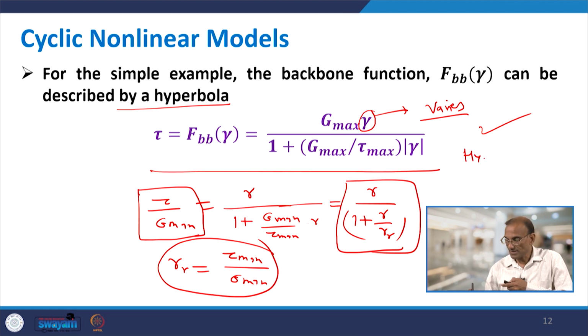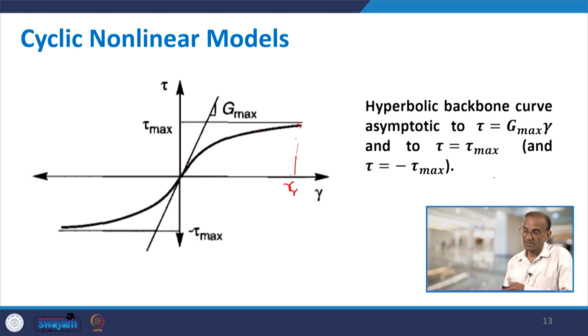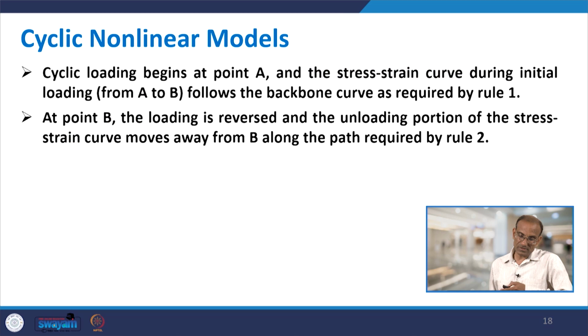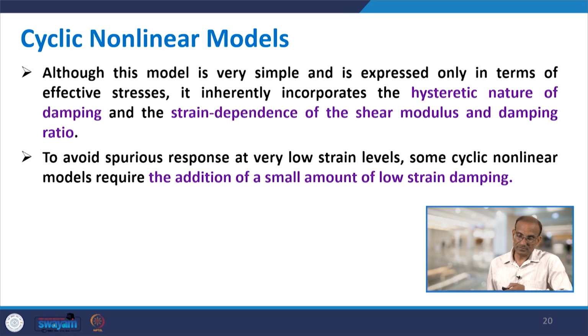This is one of the most popular models among the cyclic nonlinear models. The hyperbolic model is very simple and is expressed only in terms of effective stresses. It inherently incorporates the hysteretic nature of damping and the strain dependence of the shear modulus and damping ratio.